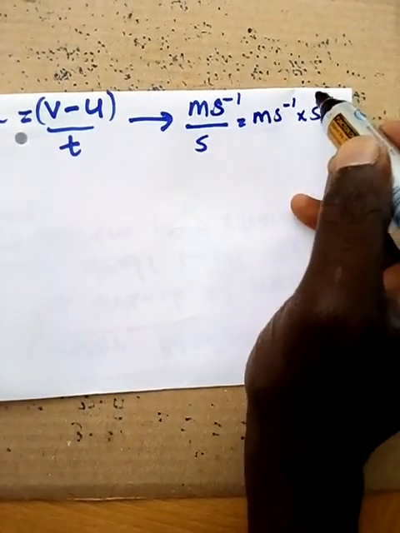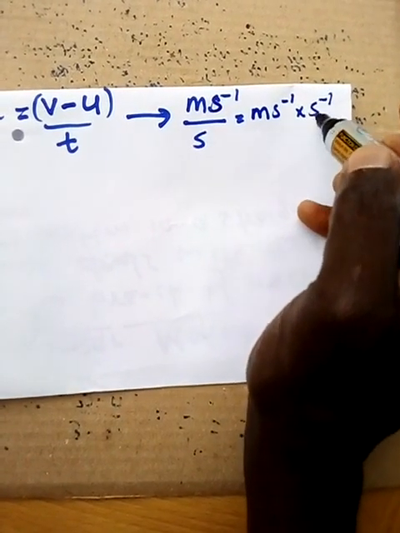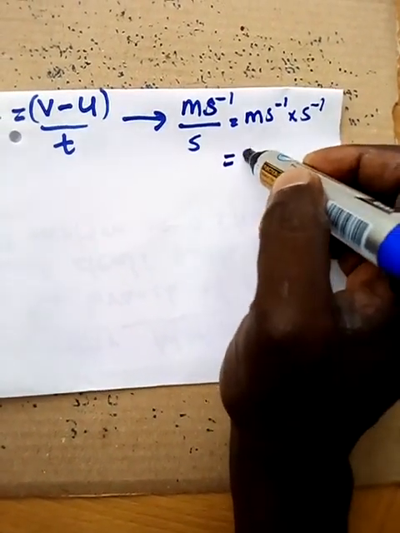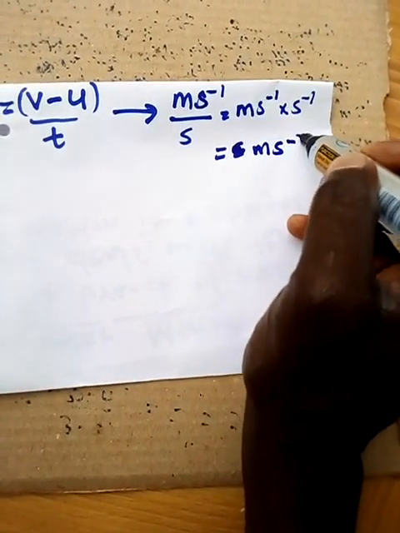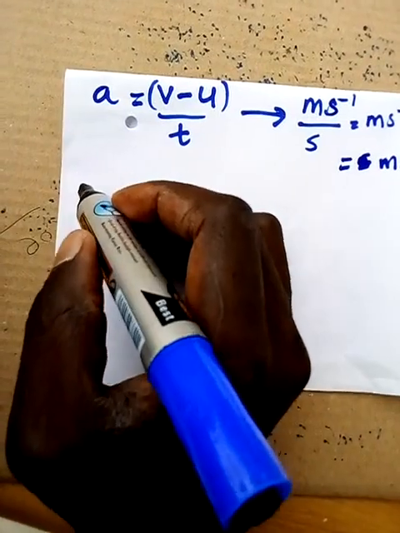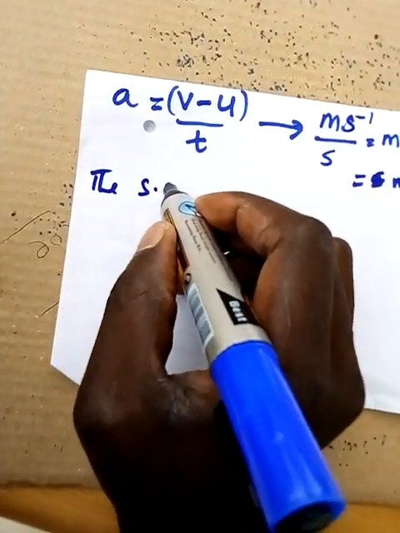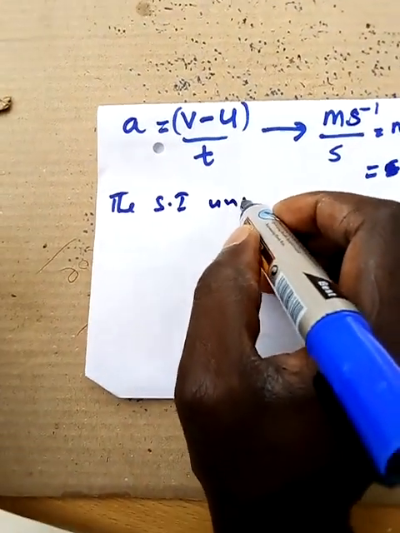You just add these two; the base S and S is the same. So the SI unit of acceleration is meter per second squared.